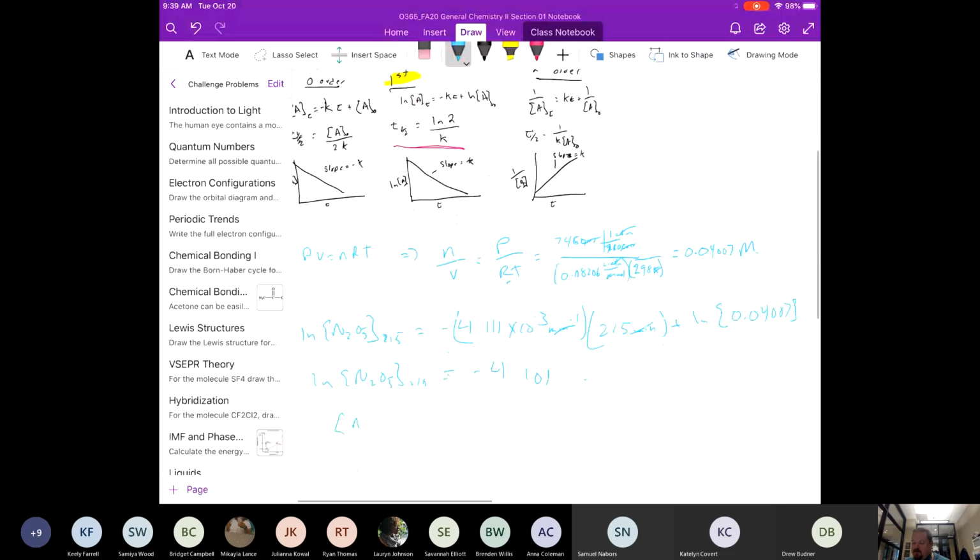So the concentration of N2O5 at 215 minutes is equal to e to the negative 4.101, which is equal to 0.0165 molar. And if we just do a quick double check, this number is less than this number, which it should be because the reaction's occurring.